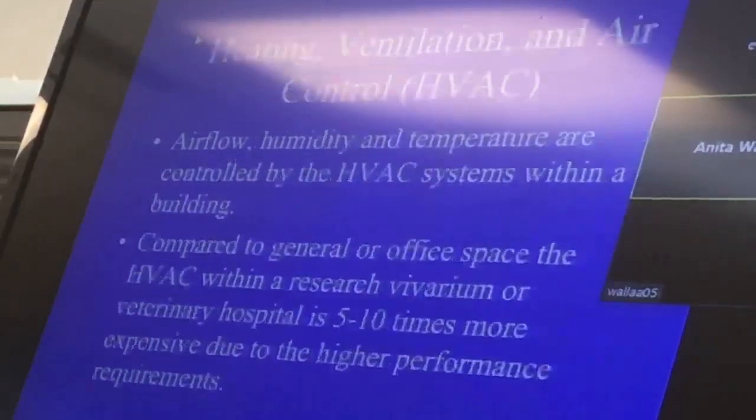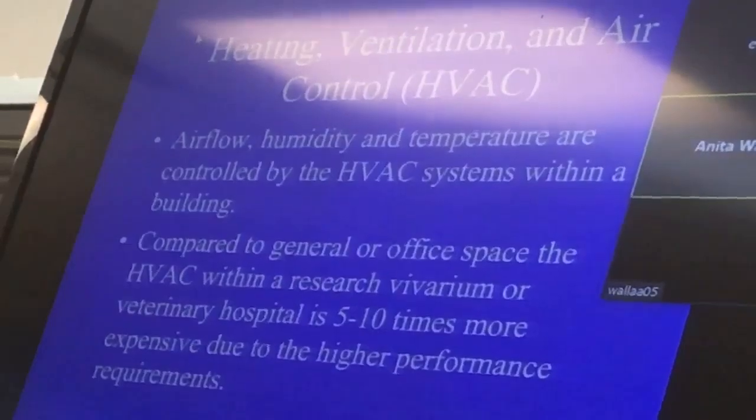The way you control airflow within the space is through your HVAC system, your heating, ventilation, and air conditioning system. The most important aspect of facility design from a research perspective is attention to your HVAC. There is no more important system within a research environment than HVAC.